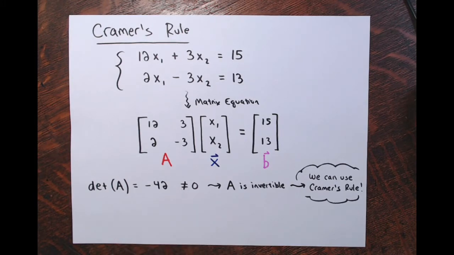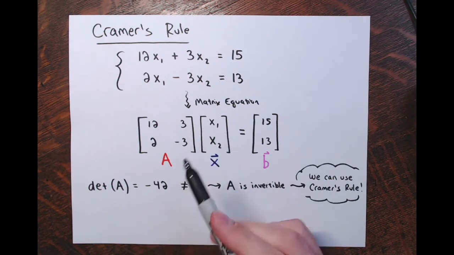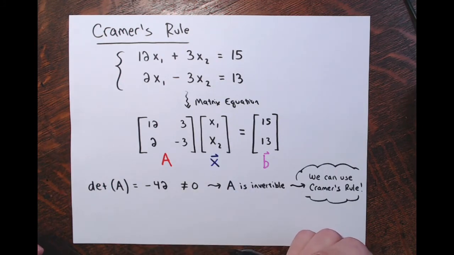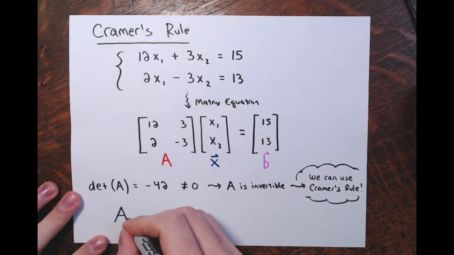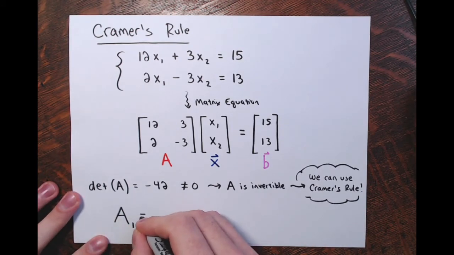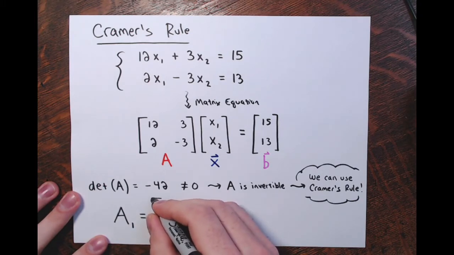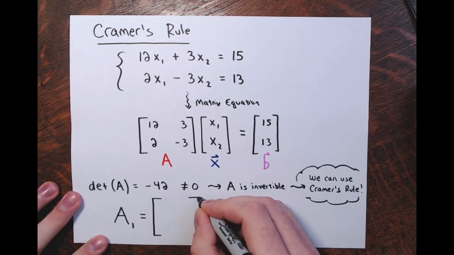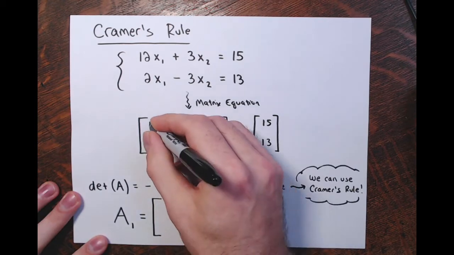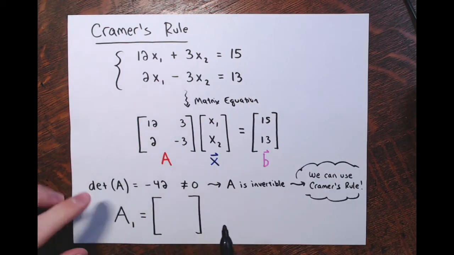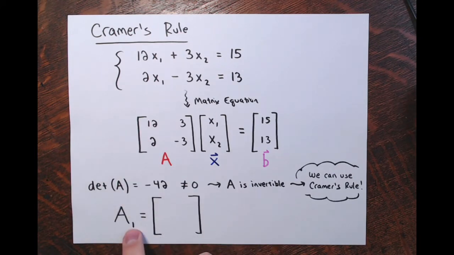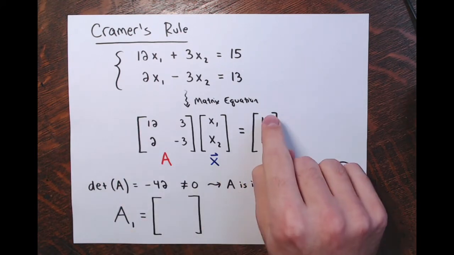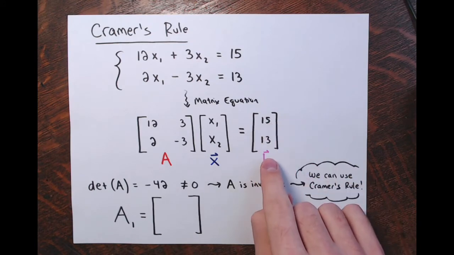Now, I'm going to form those matrices, A1 and A2. So A1, this A sub 1, this matrix is just the coefficient matrix, but I'm replacing the first column with the constant column over here.